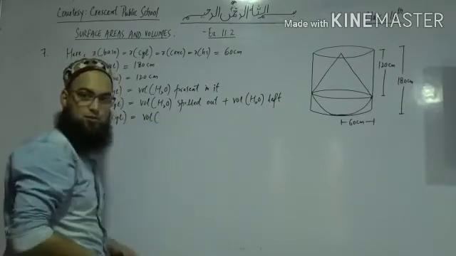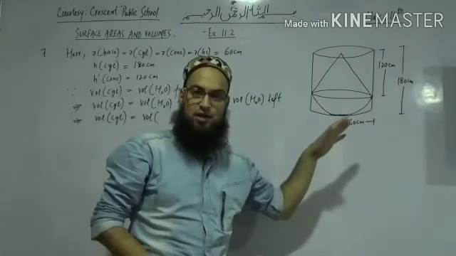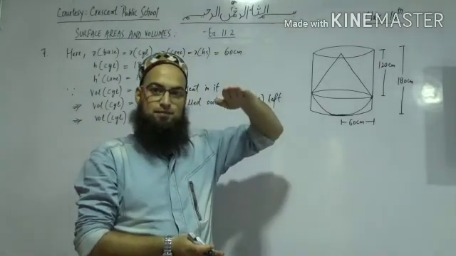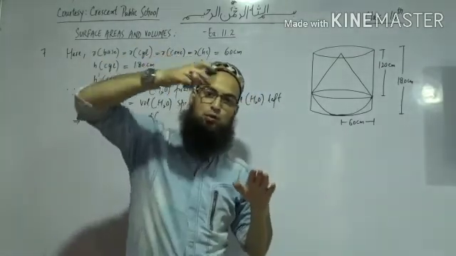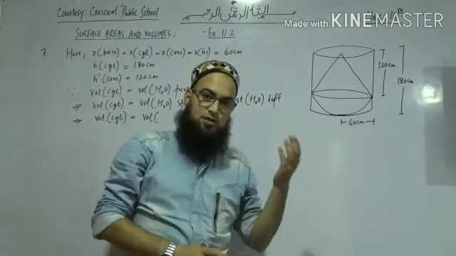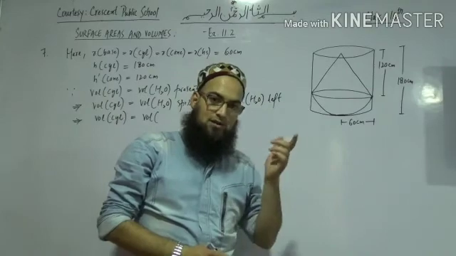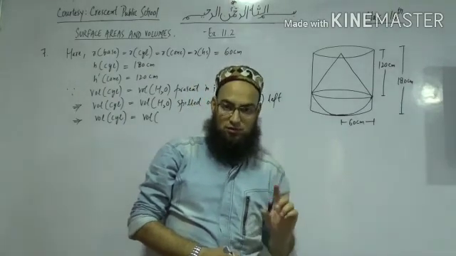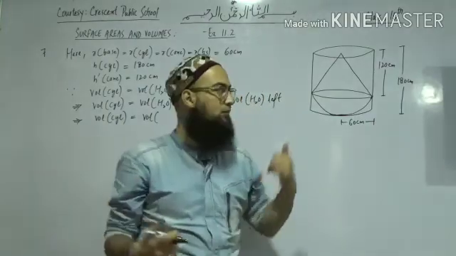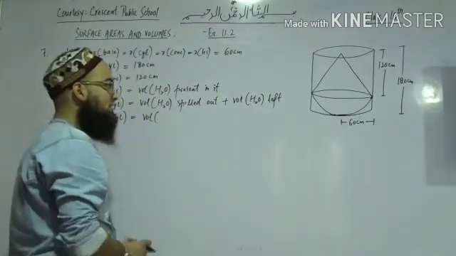Again Archimedes principle, because initially there was only a cylinder full of water. Now when you put the solid into the cylinder, then some water spilled out, and the volume of the water spilled out will be equal to the volume of the solid that was put inside it.